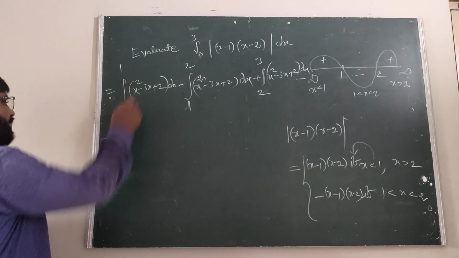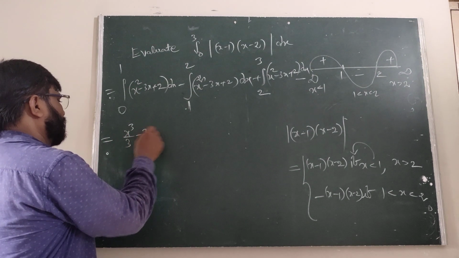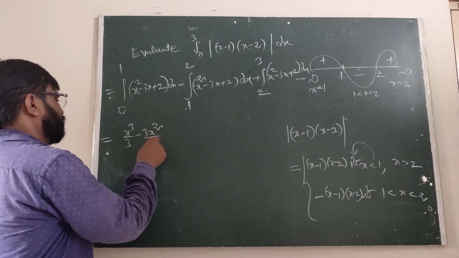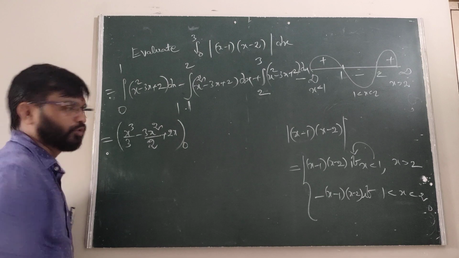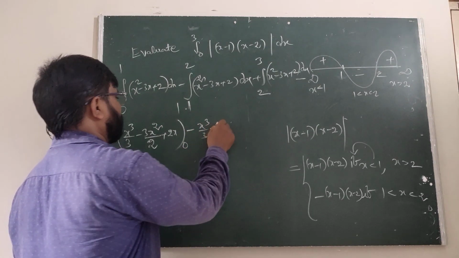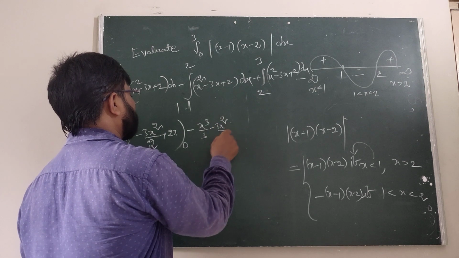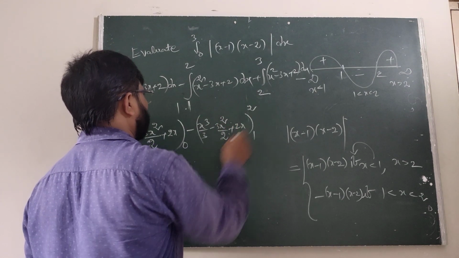What is the integral here? The x cube by 3 minus 3x square by 2 plus 2x, from 0 to 1. Then again x cube by 3 minus of 3x square by 2 plus 2x, from 1 to 2.